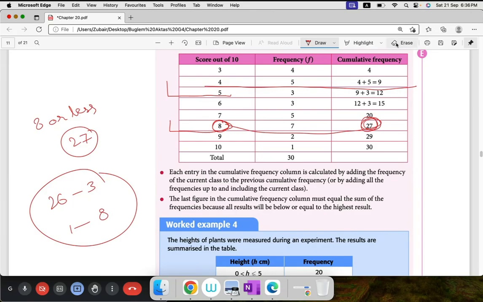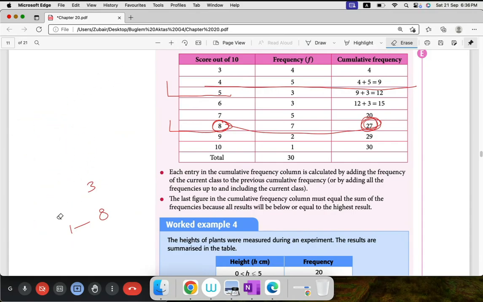So actual data is lost. If someone asks about this data, they'll get that 27 students scored 8 or less, but they would never know if there was one genius who scored 8 and the other 26 scored 1 each. So in order to get more detail, they will need this table.